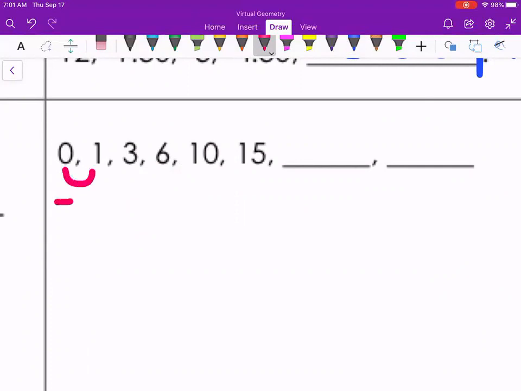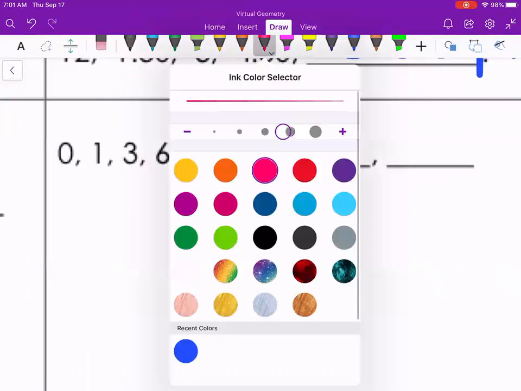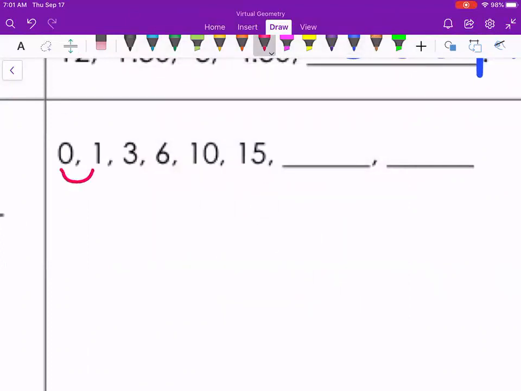From 0 to 1, that was an increase of 1. But 1 to 3 was an increase of 2. So not the same. 3 to 6, an increase of 3. 6 to 10, an increase of 4. 10 to 15, an increase of 5.